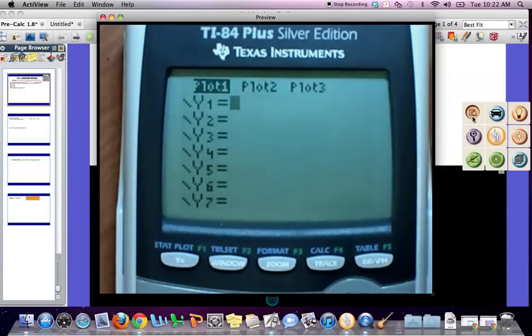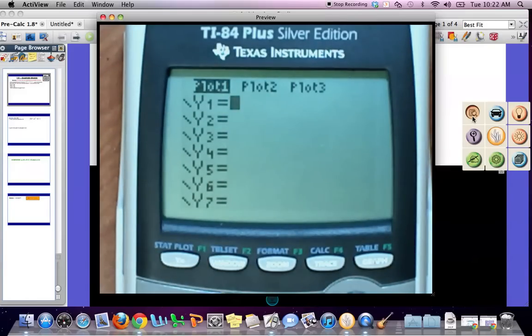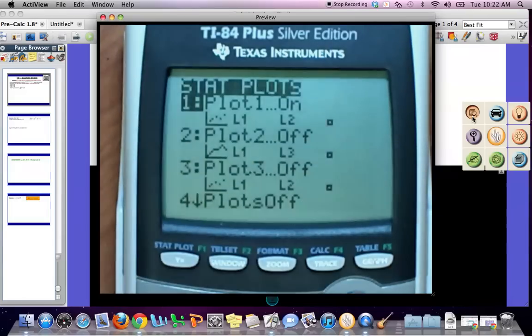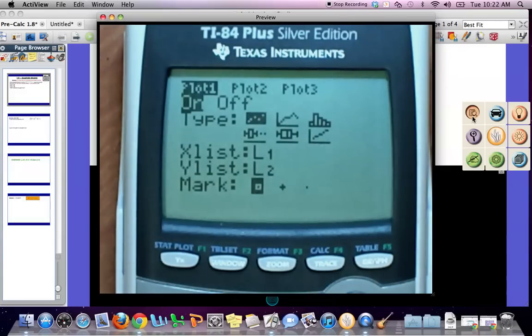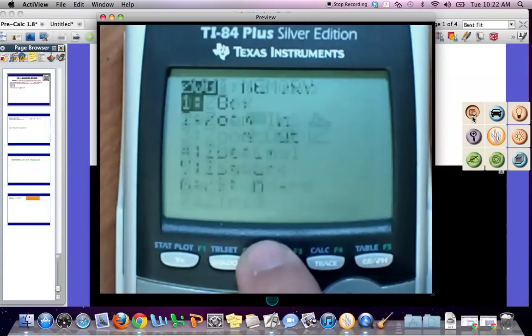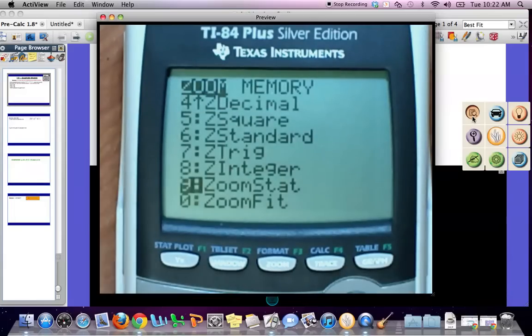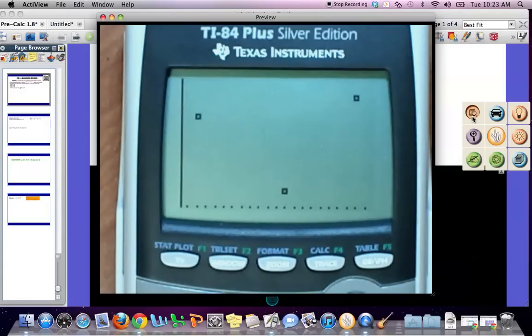I'm going to plot these. I already have my plot turned on, and I want it to be a scatter plot, looking at list 1, list 2. And I'm going to say zoom stat so I don't have to fix the window. The calculator will do the window for me. There are my 3 points that it plotted.